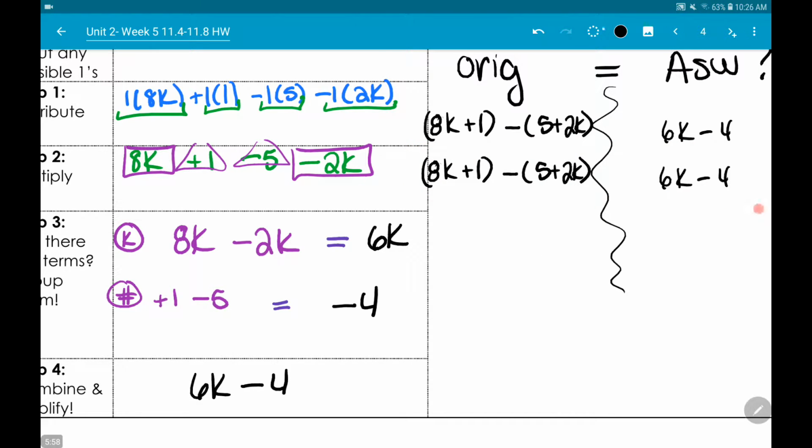Okay, I'm going to write it again a second time, but this time I'm going to replace it with a number. So let's say k is equal to 2. So I'm going to change out all the k's for 2.